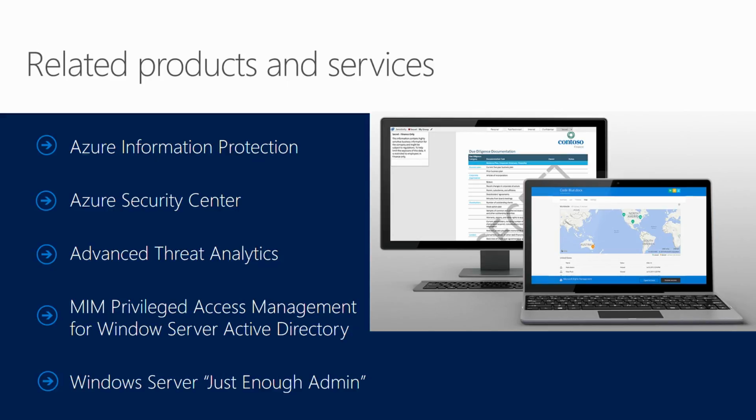Now a few of you may be from various government agencies or other kinds of industries where you say, Microsoft, this is all very interesting, but I'm only sitting here because it's a comfortable chair. I'm not allowed to use any cloud services. The advanced threat analytics, the privilege access management, and the just enough admin I'm about to talk about are all things you can deploy and run in your data center.